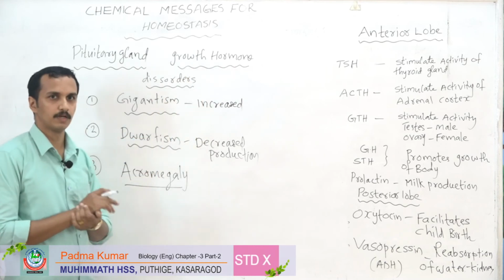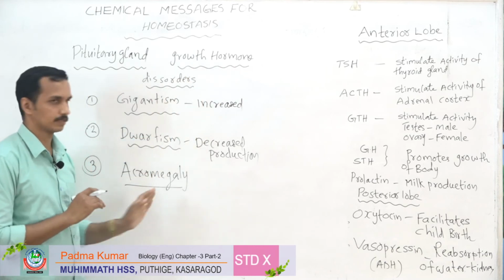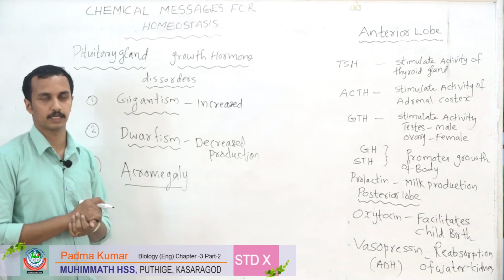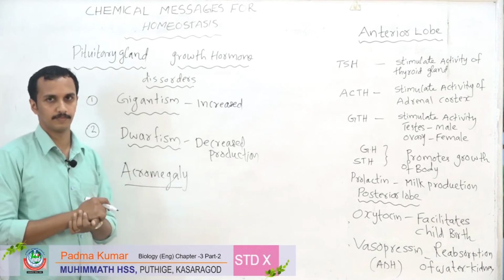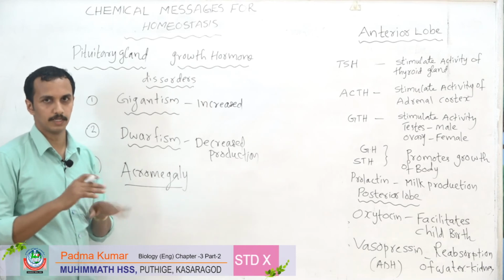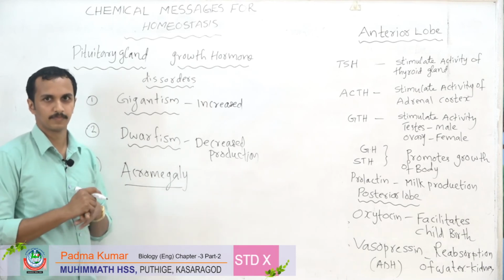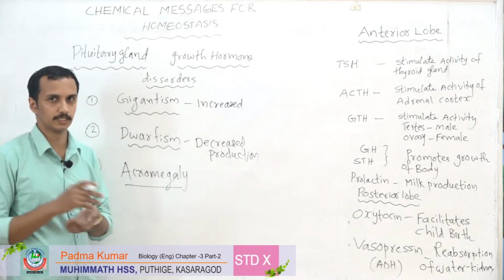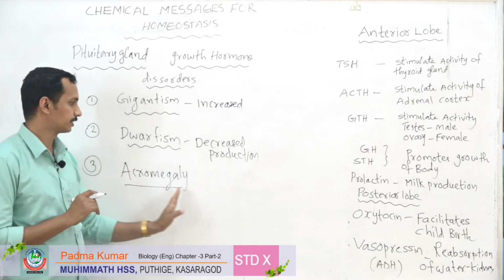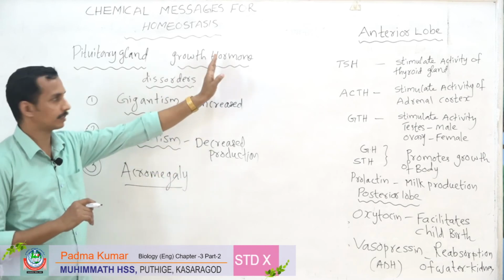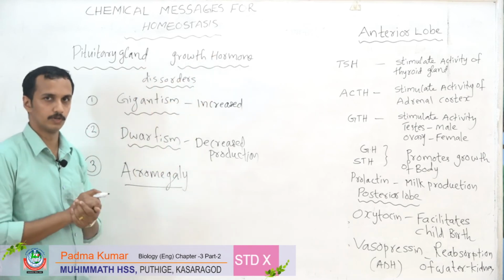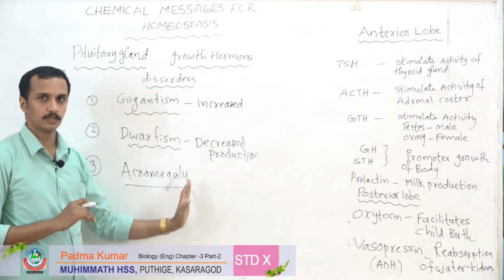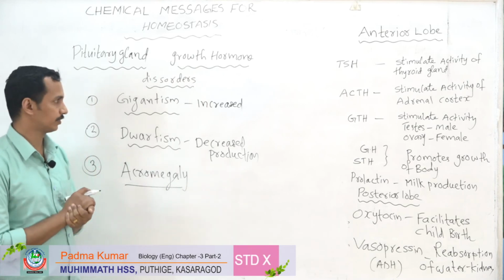It leads to acromegaly. It is characterized by increased growth of bones and increased size of different body parts: fingers, face, and bones increase in size. It is due to increased production of growth hormone or somatotropin after the period of growth.